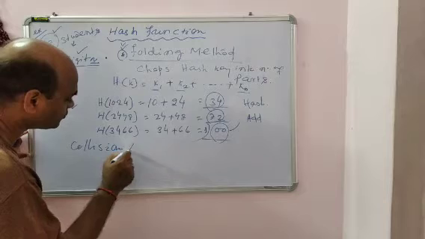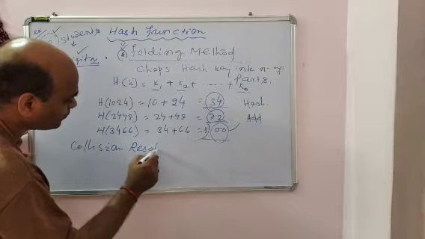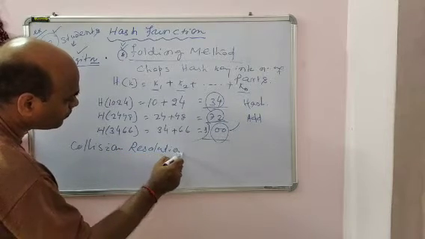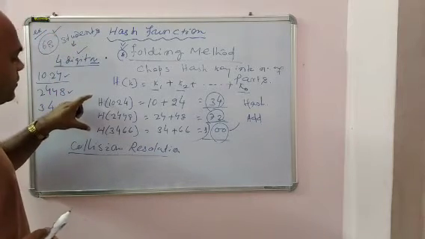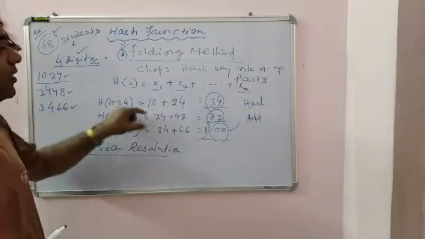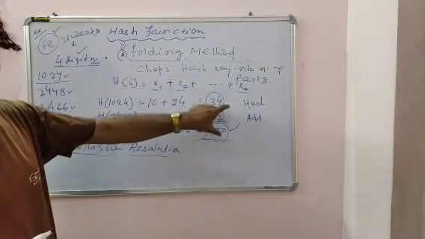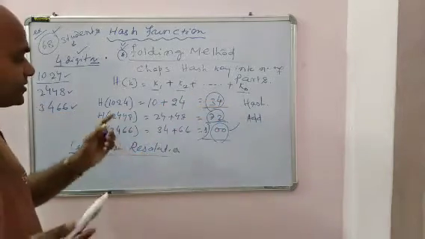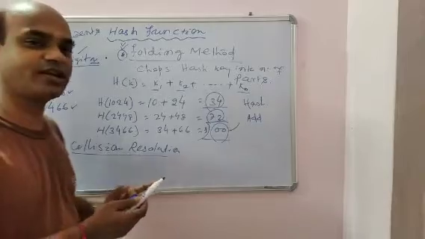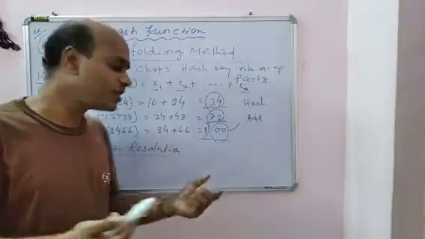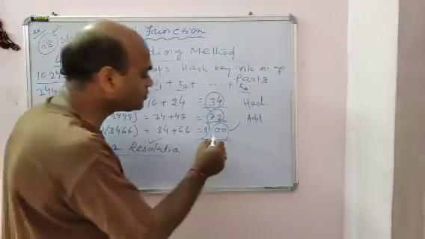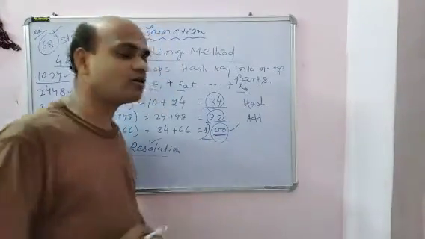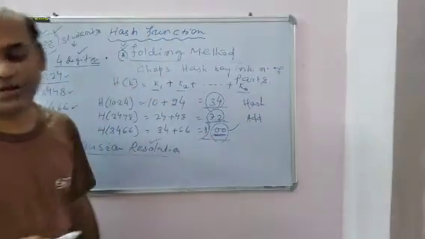Collision means more than two key values providing the same hash address. Whenever the same hash address is generated from different key values, collision arises. And here 00 may also be considered as a hash address of the database.